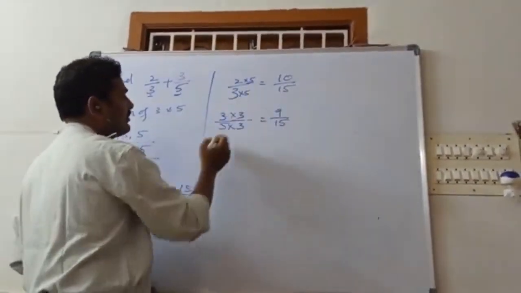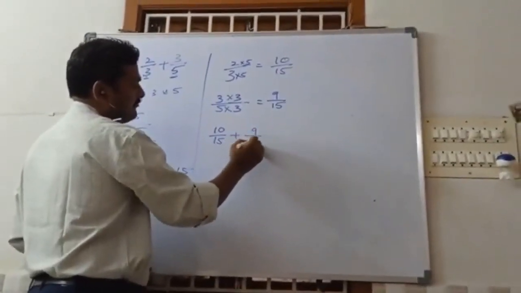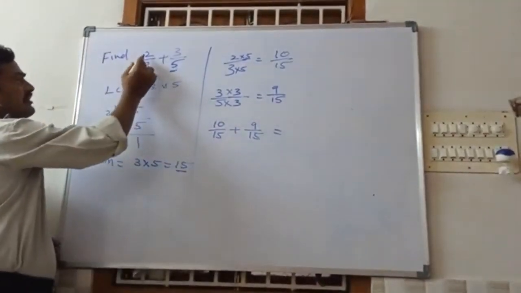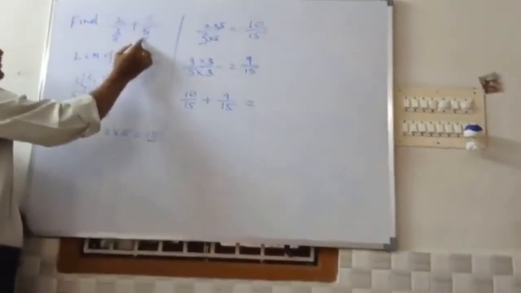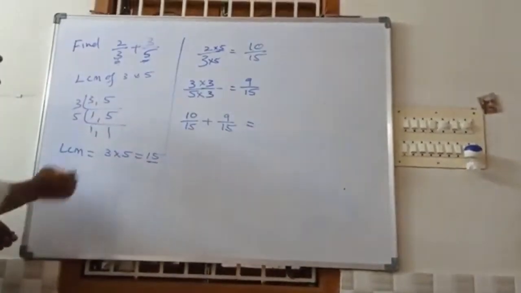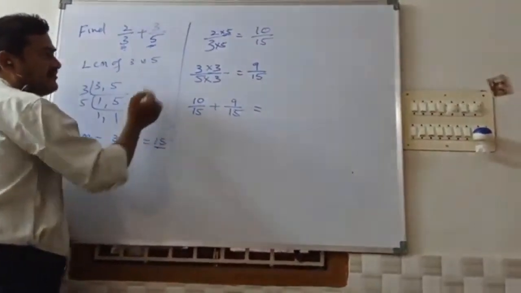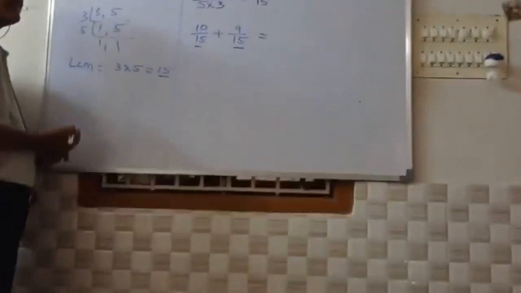Now the first number becomes 10 by 15 plus 9 by 15. The numbers given were 2 by 3 plus 3 by 5, with different denominators, that's why these two are unlike terms. After taking the LCM and simplification, the two denominators are the same.